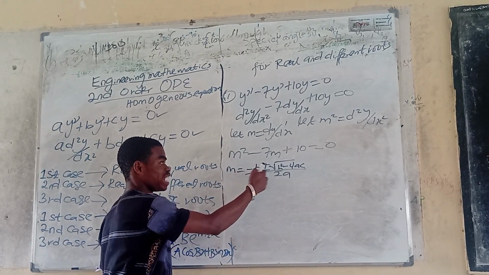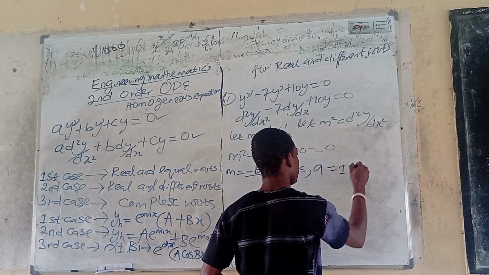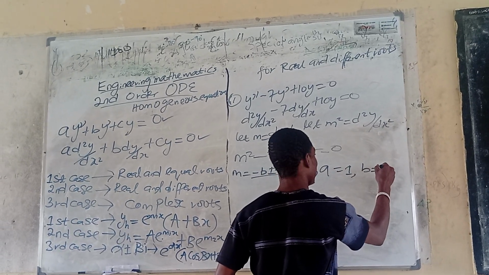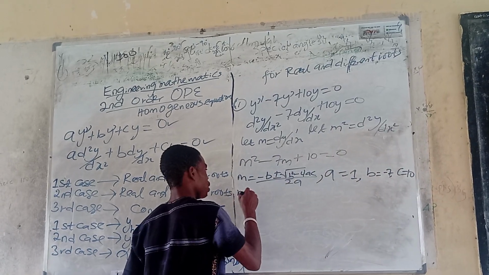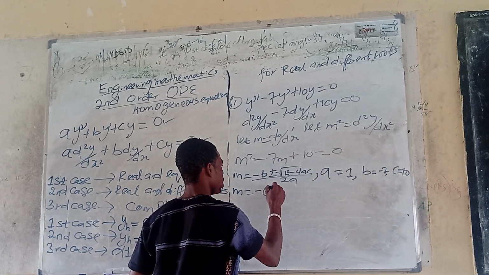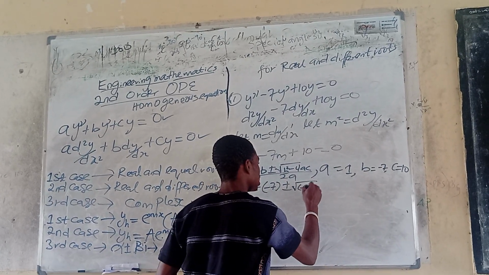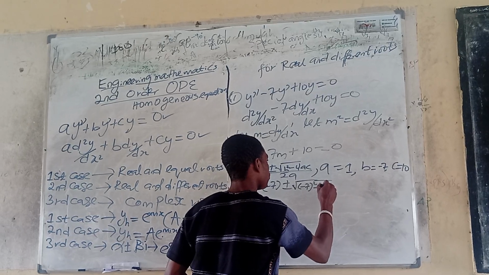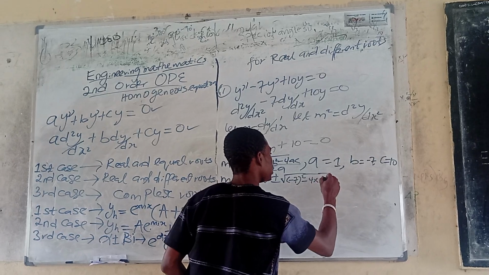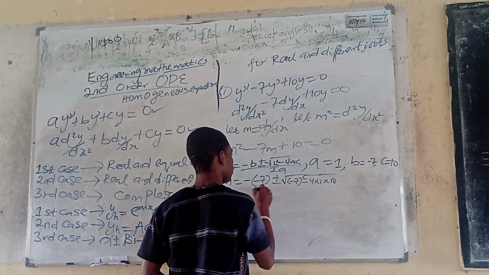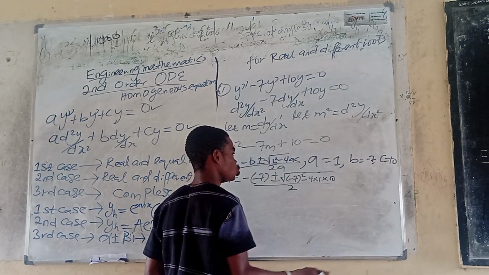So now let's identify our a, b, and c. So a equals what? 1. b equals what? Minus 7. c equals what? 10. So m will equal minus minus 7 plus or minus the square root of minus 7 squared minus 4a times 1, c is 10, times 10, divided by 2a. 2a, a is 1, 2 times 1 is still 2.